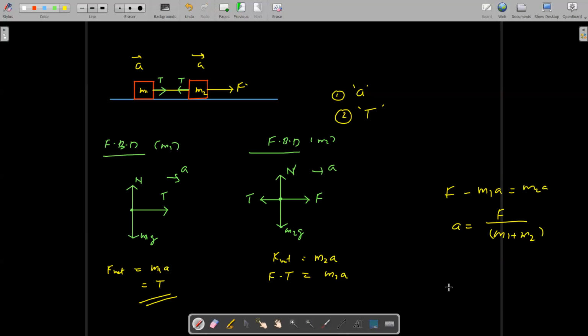So that's the answer for the first question. What about tension? Tension is equal to M1 into acceleration, from the first equation. So M1 into A, that is M1 times F by M1 plus M2, will be equal to the tension in the string. So that's the answer for the second question.